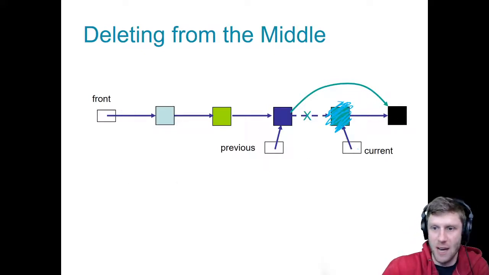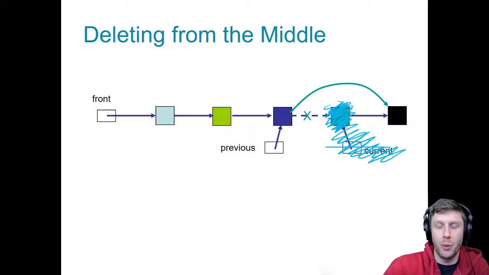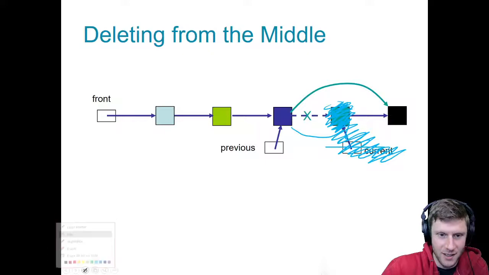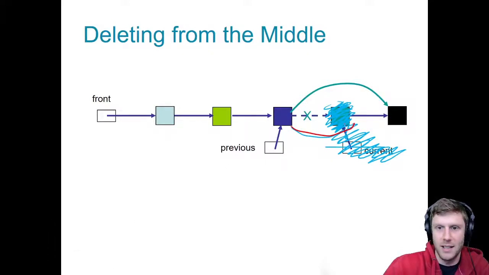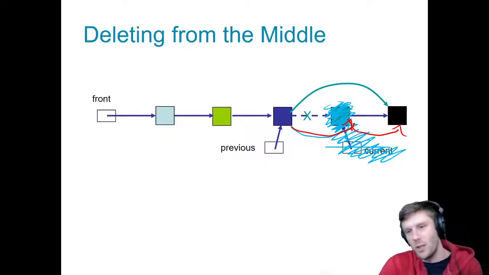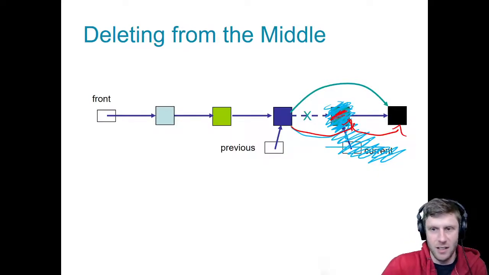Alternatively, if you didn't have this current pointer, you could just say previous's next is equal to previous's next's next. I should use a different color because you can't see. Because its next is the black node in this case. So you don't need the current, but when you do have the pointer to current, it makes it easier to delete here anyways. Otherwise, if we don't have any pointer, we're in trouble.